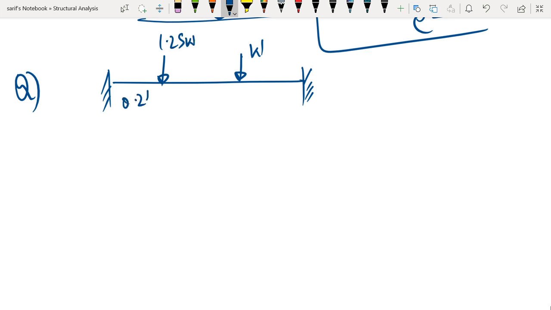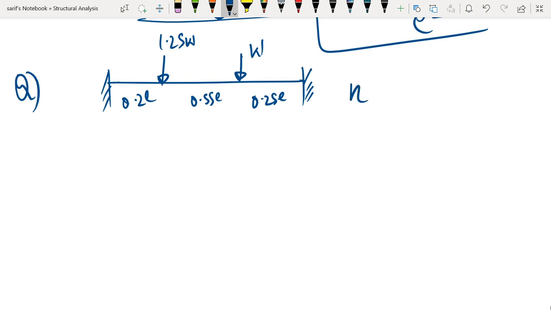This is 0.2 L and this is 0.25 L, and the remaining will be 0.55 L. We need to find out again the collapse load for this particular problem. Let us see how to find this out.